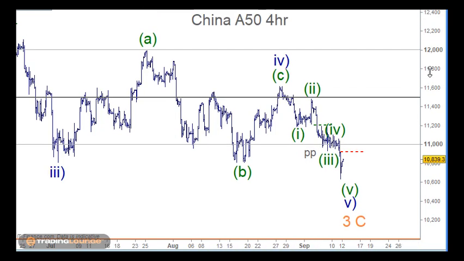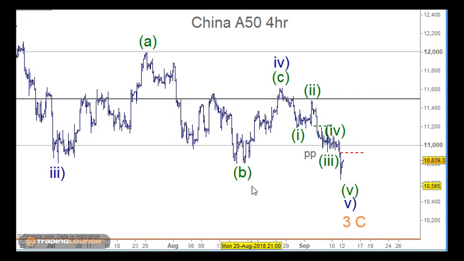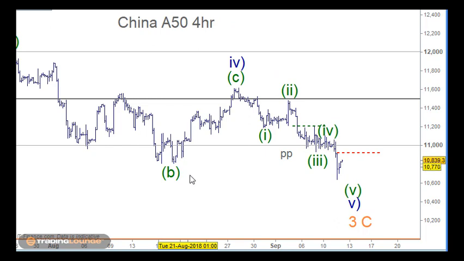Okay, China. On the 4-hour chart, we've been looking from wave 3 for an A, a B and a C wave, and then we're looking for 5 waves down. So 1 and 2, and we went short here for wave 3, and wave 4's in here, and I think it's on that high here, and then we've got wave 1, 2 and 3.